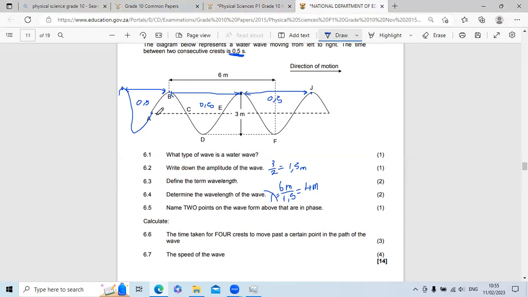Yes. Then the time it takes for 4 crests to move past a certain point of the wave is going to be 0.5 seconds, 0.5 seconds, and another 0.5 seconds.